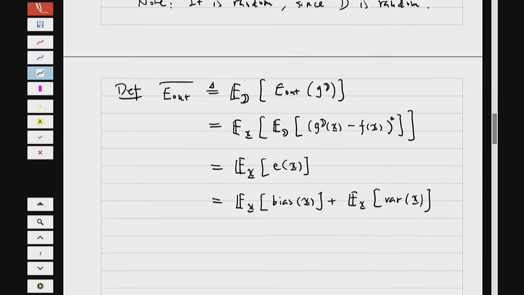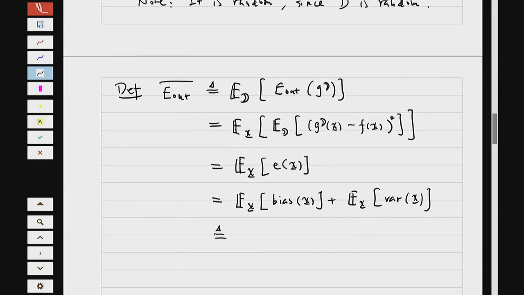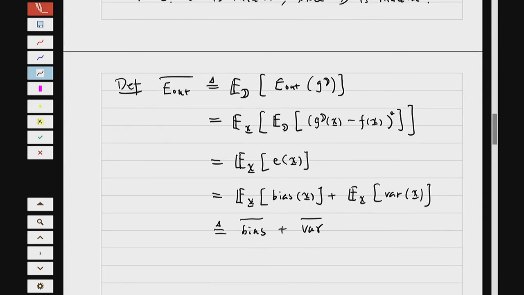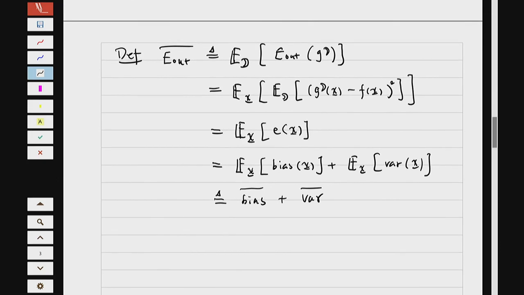We can just relabel this as bias bar plus variance bar. Therefore, after we take the expectation over the test sample, we still have the test error equal to the bias plus variance. So the bias-variance trade-off still holds, even after expectation.